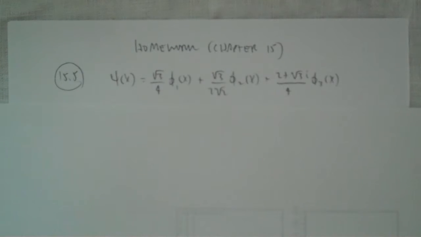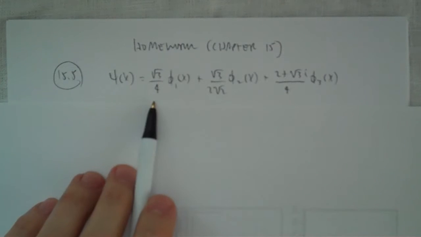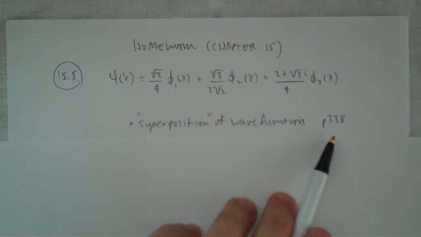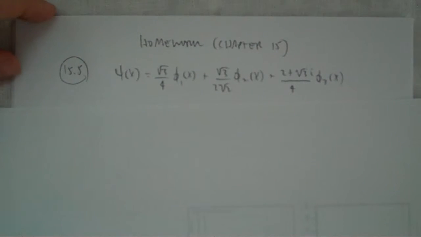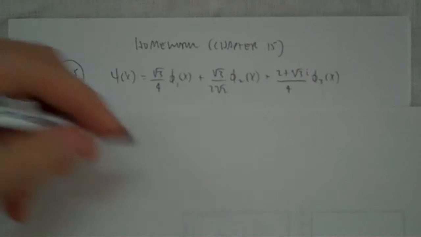Okay, so we've got this psi, which is a sum of wave functions. This is a concept that shows up on page 338 in chapter 14. Although, again, if you're okay with the fact that we've just got some function and it's a collection of other functions, then that's no problem. We've done that before.